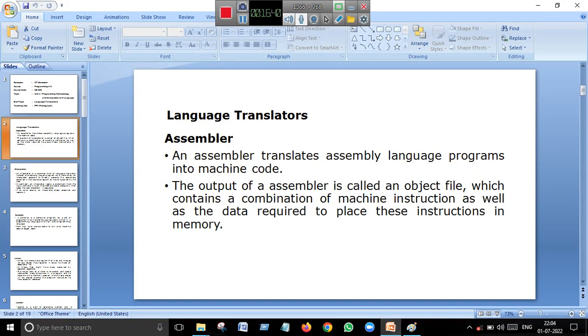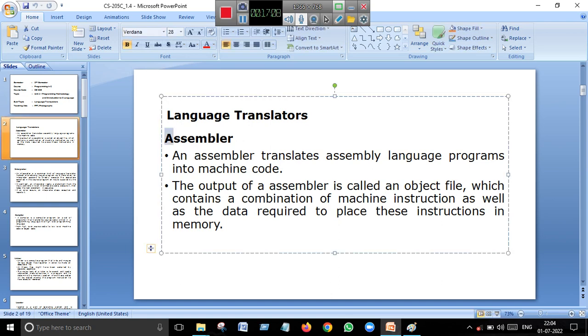Here, in order to convert assembly language instructions into machine language, both being low level languages, a language translator is required, which is called an assembler.